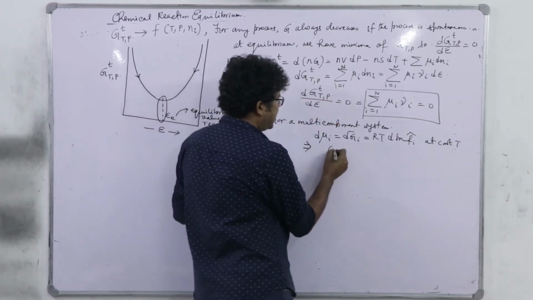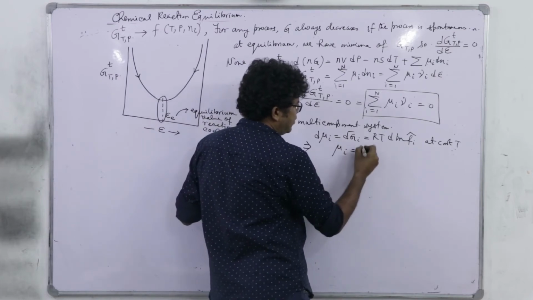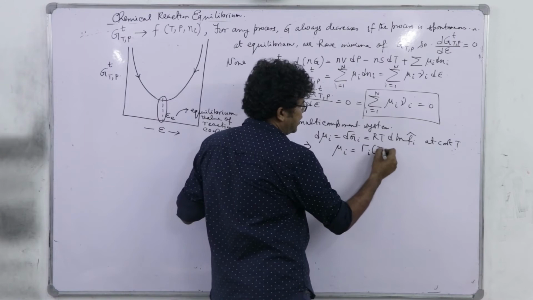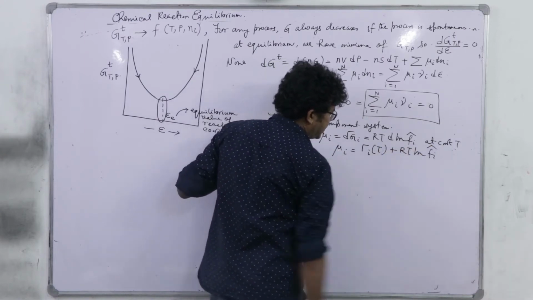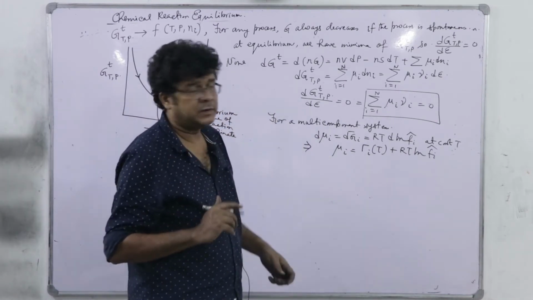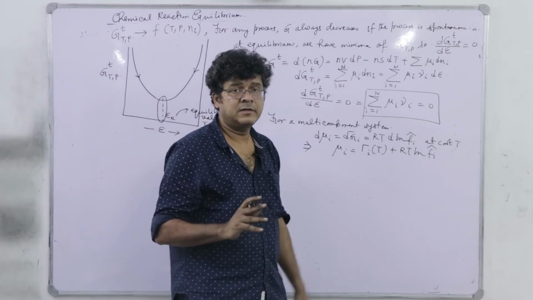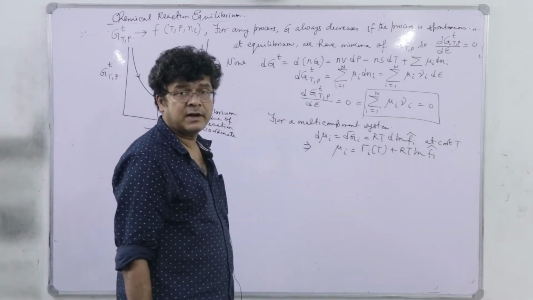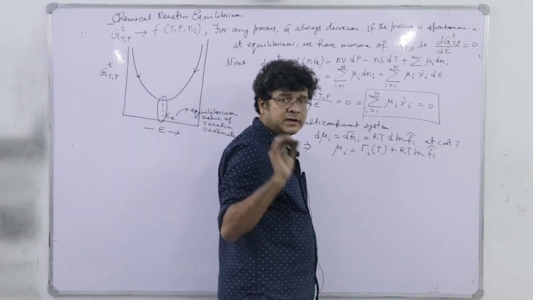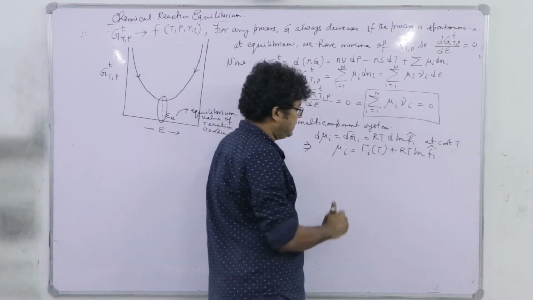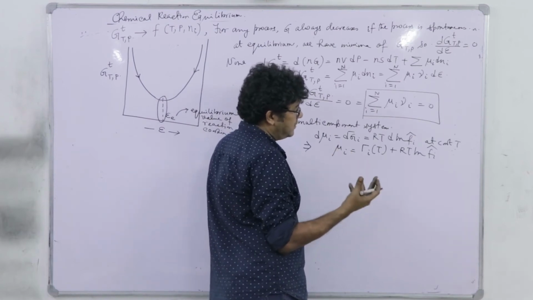So, if I integrate, I will get mu I is equal to a constant dependent on temperature plus RT ln fi cap, and this constant is non-zero. It is not a residual property or excess property. So, this constant will exist, and we have to get rid of that constant. It is dependent on temperature and also on the species, but not on what state it is exactly.